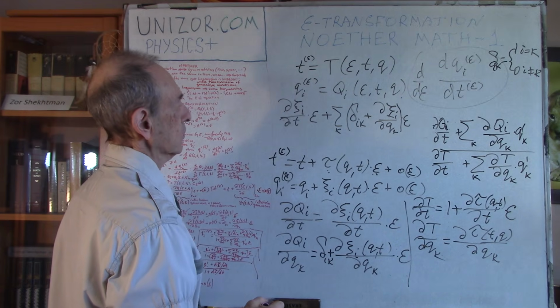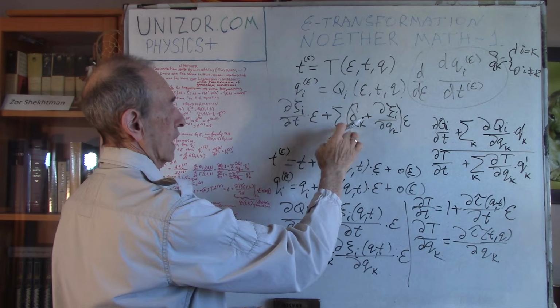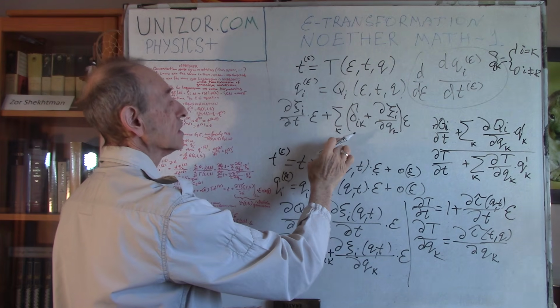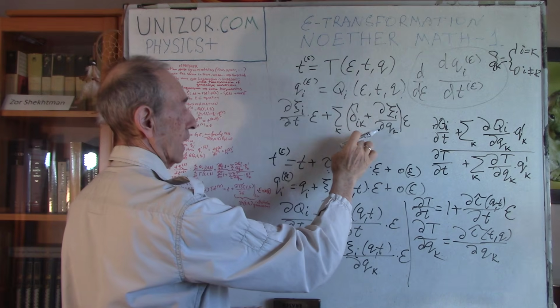And here is how I will transform it. Now, if i is equal to k, so for one particular k, which is equal to i, that's 1.